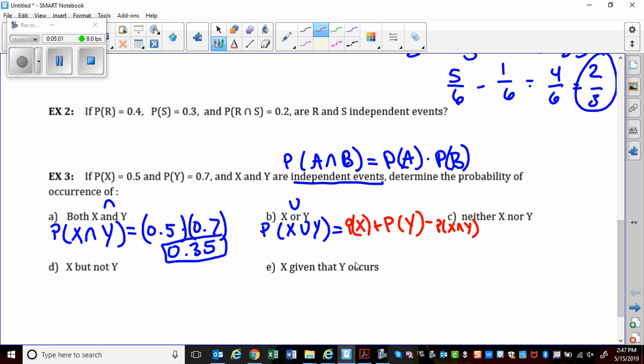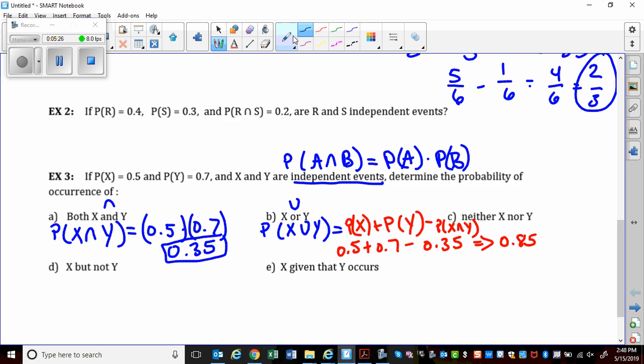The probability of X is 0.5. The probability of Y is 0.7 minus the intersection, which is this formula. We have a special formula for that. We multiply them together, which is 0.35. And I think that we get something like 0.85. Try it out and make sure I'm right.